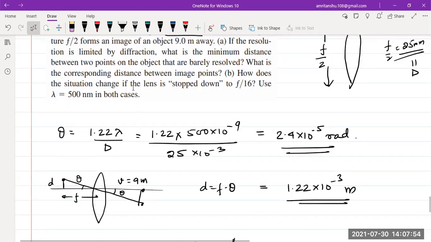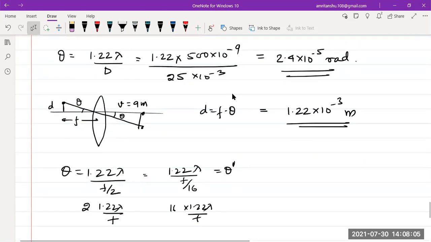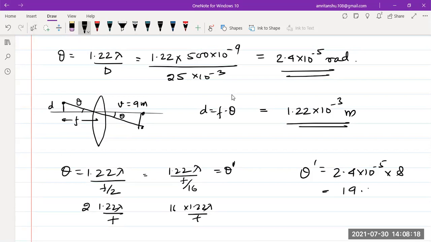The meaning of this statement, how does the situation change if the lens is stepped down to f by 16, is that the aperture of the lens is now f by 16, and the rest goes the same. So theta dash is 2.4 into 10 raised to minus 5 into 8, which is 2.4 into 8, 19.2 into 10 raised to minus 5. I hope you got the essence of these problems.